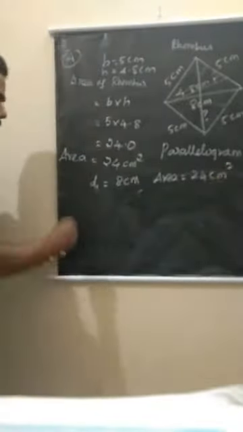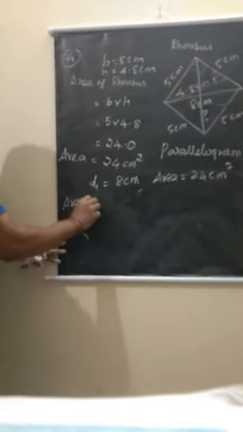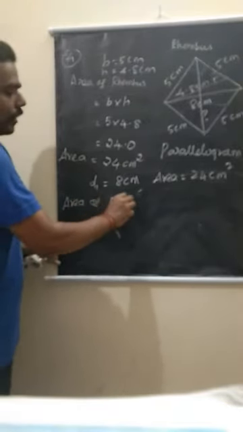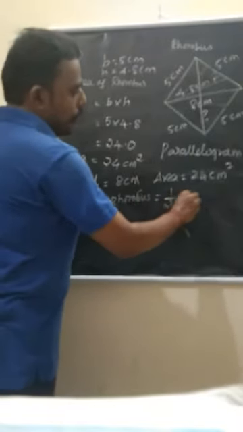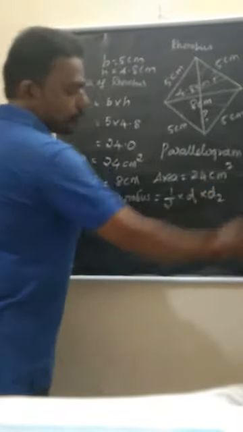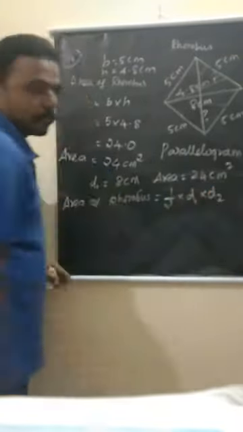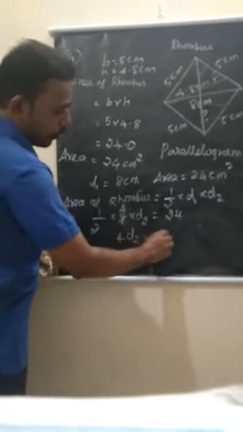Now, the formula for the area of a rhombus in diagonal form we know: 1 by 2 into D1 into D2 equals 24 centimeter square. For that, D1 we can consider as 8. So after cancelling, 4 D2 equals 24.